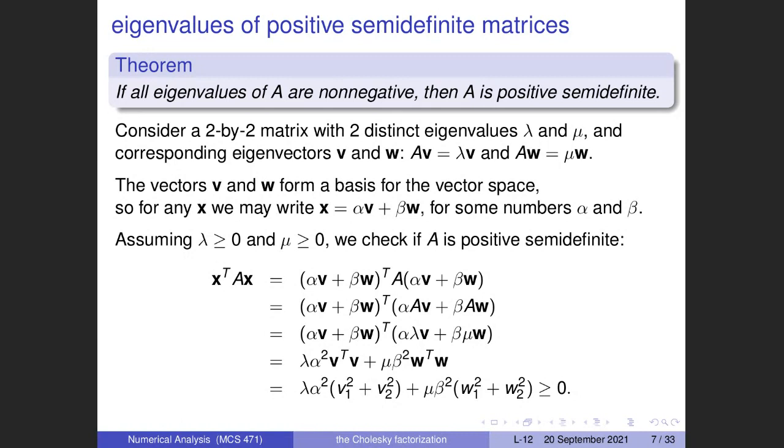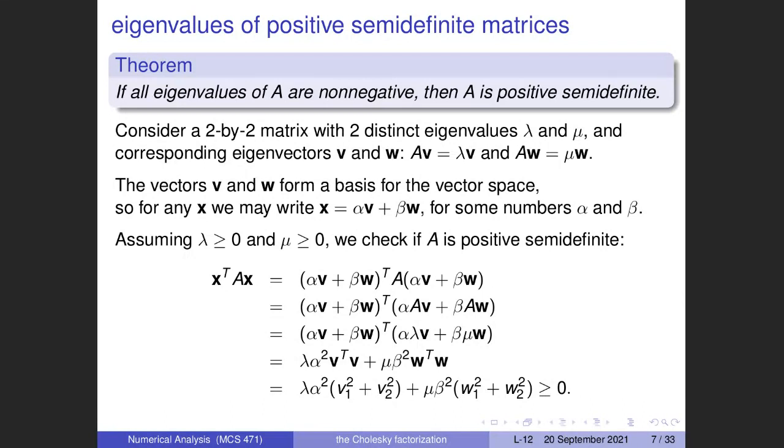So here we assume, for the example of a 2 by 2, that we have two distinct eigenvectors. We call them V and W, and the eigenvalues are lambda and mu. Now we are in a two-dimensional space, and since the eigenvectors are distinct from each other, they form a basis. So any vector x you can write as a linear combination of these two eigenvectors.